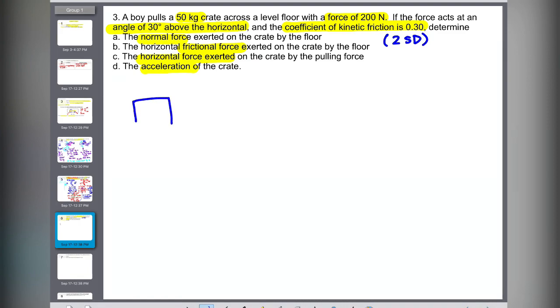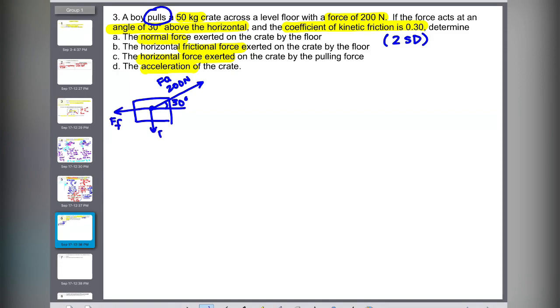Okay, so draw your free body diagram first. It's being pulled at an angle of 30 degrees, and at a force of 200 newtons. So FA is 200 newtons.